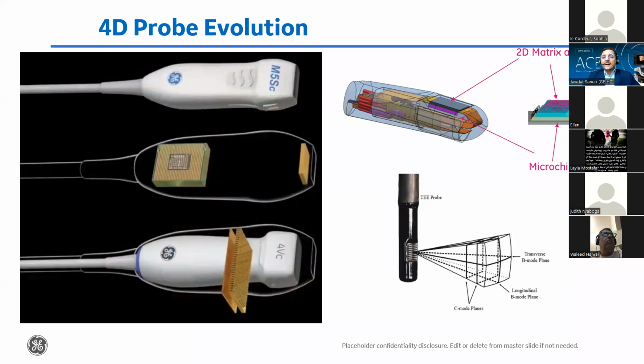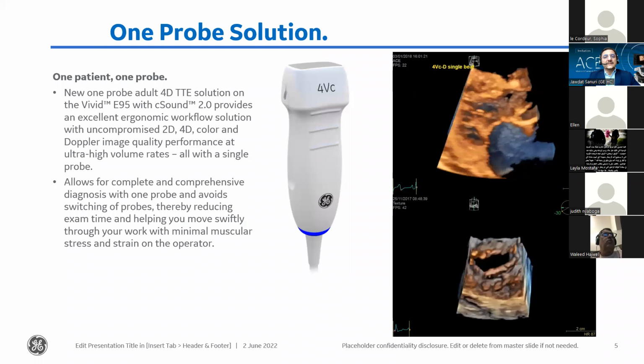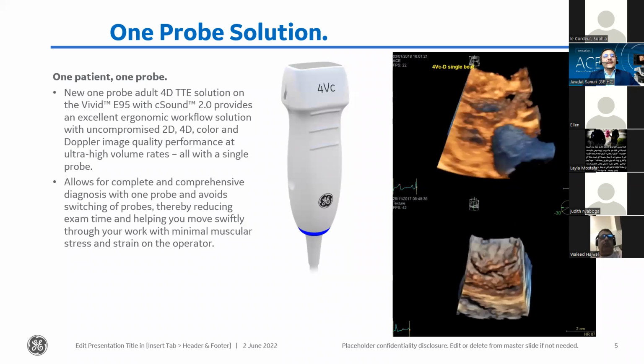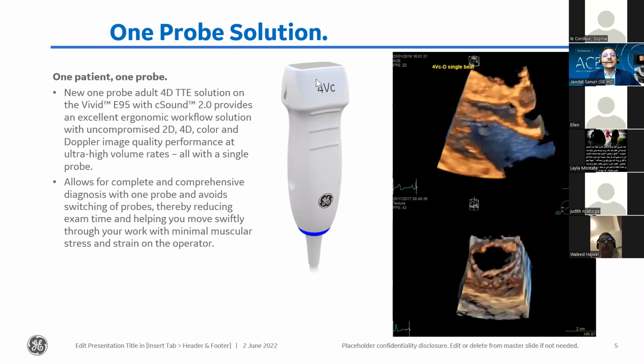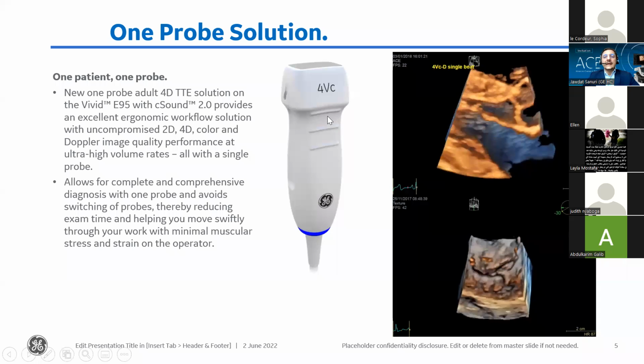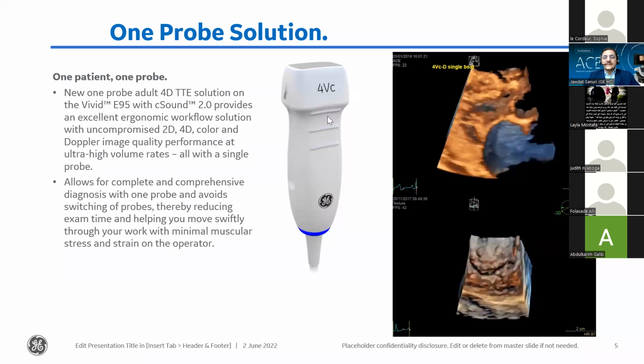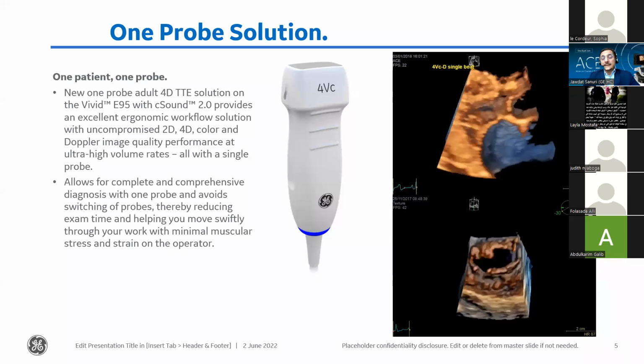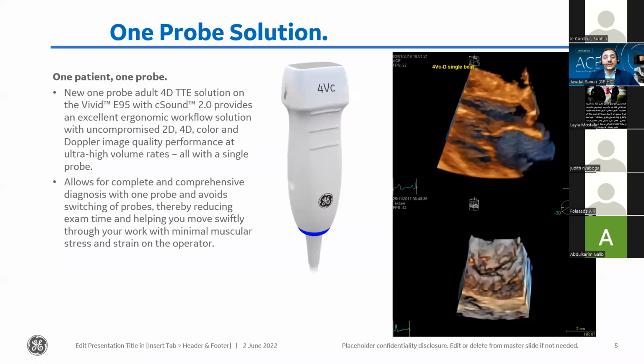All of that uses the matrix array technology that enables what we call a one-probe solution for the entire population. For example, the 4VC transthoracic probe is the one-probe solution for the entire adult and adolescent population.